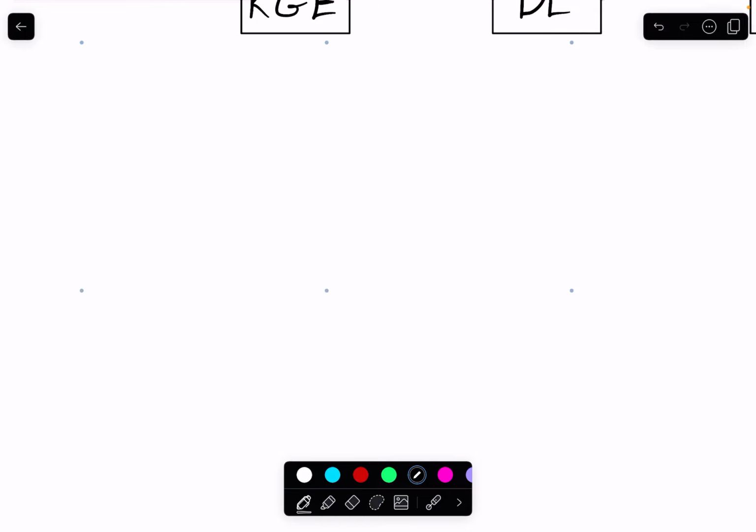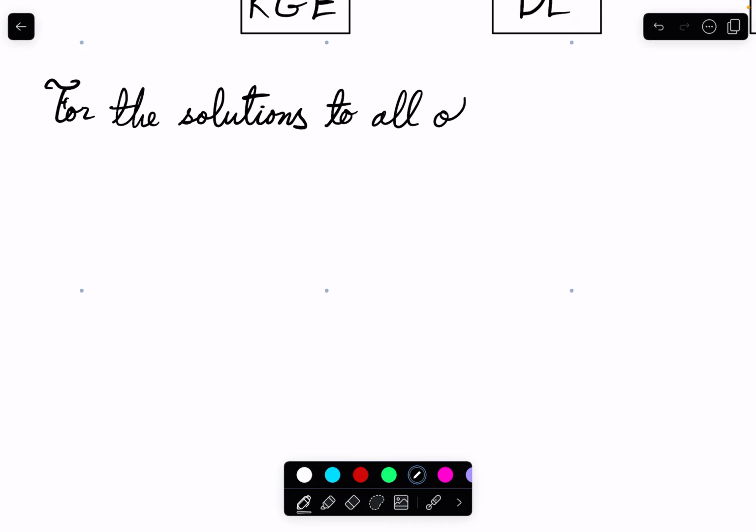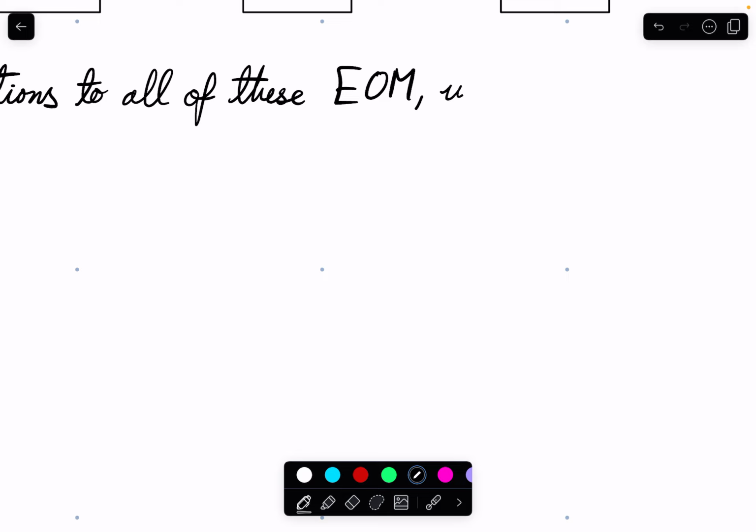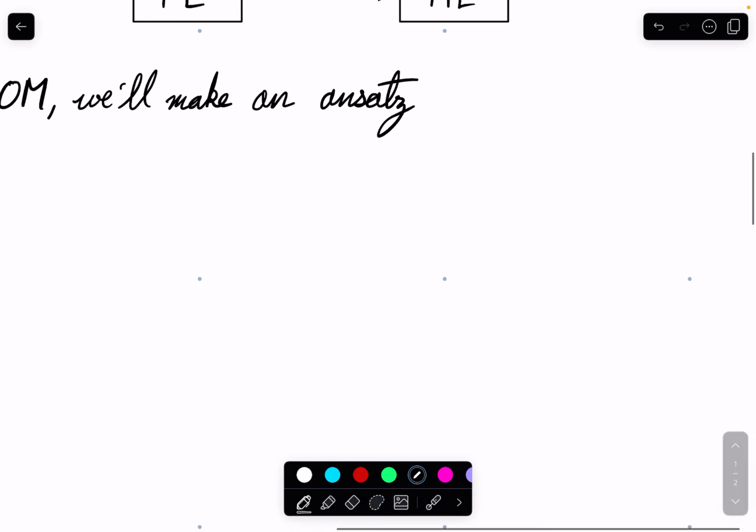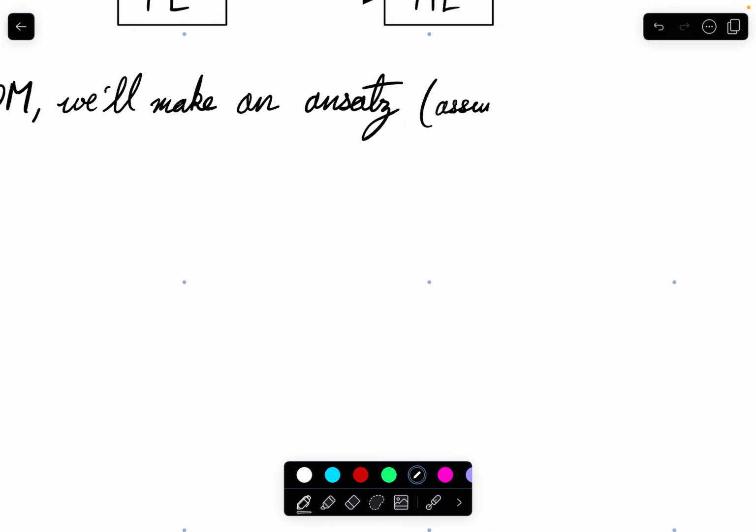So for the solutions, moving back to the form of the solutions, for the solutions to all of these equations of motion, we will make an ansatz, which is basically just an assumption or a guess.